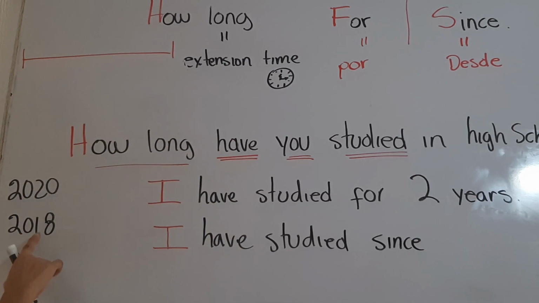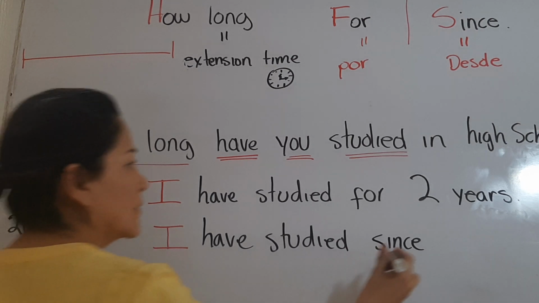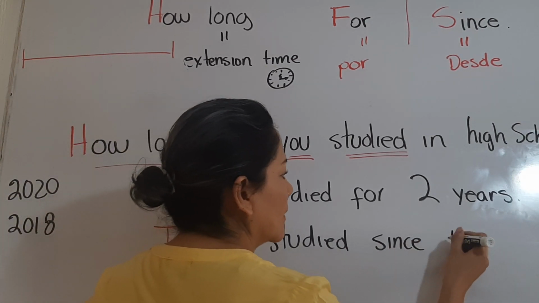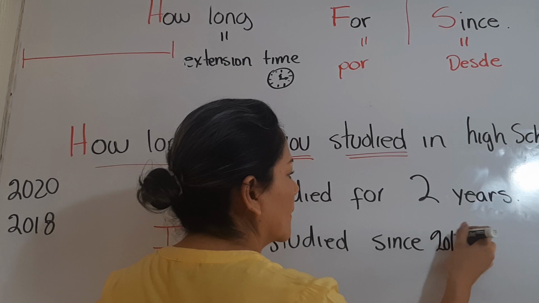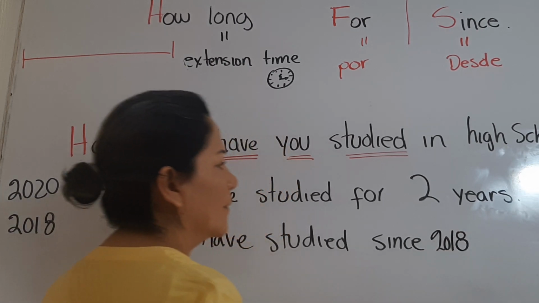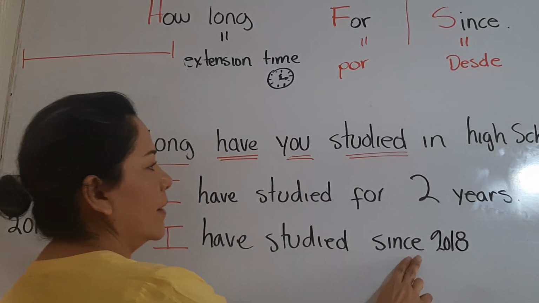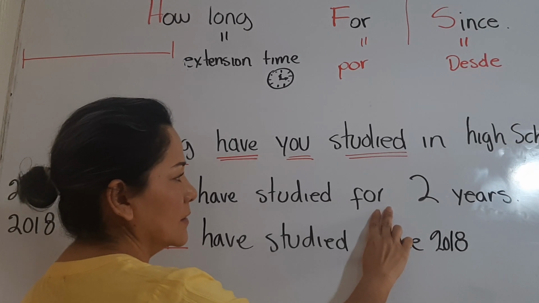If I use since, I have to mention when this action started. Okay, so it started in 2018. I'll put the year. Which is the same if I say for 2 years.